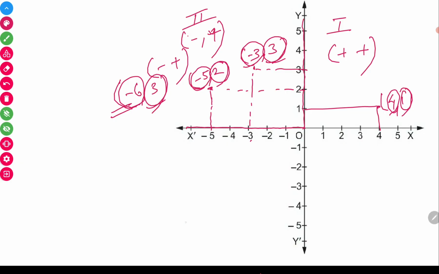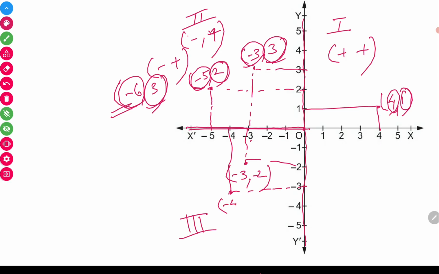Similarly, this is the third quadrant, and in the third quadrant you can see the x-axis is negative and the y-axis is also negative. So both the numbers will be negative. Suppose this point, -3, -2. X is -3, y is -2. Take any other point: x is -4, y is -3.